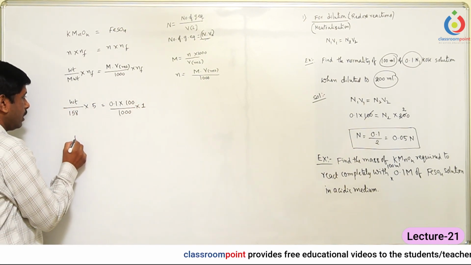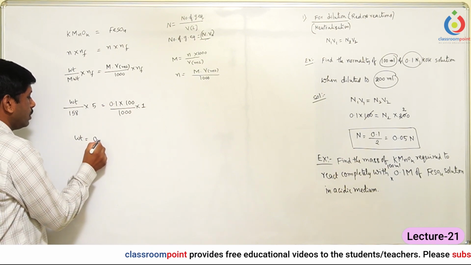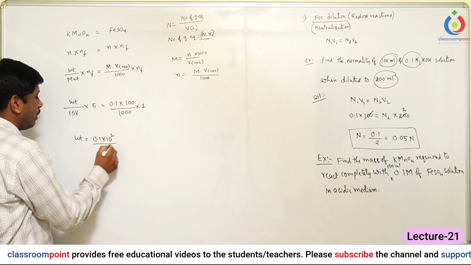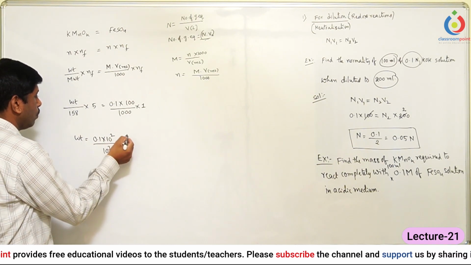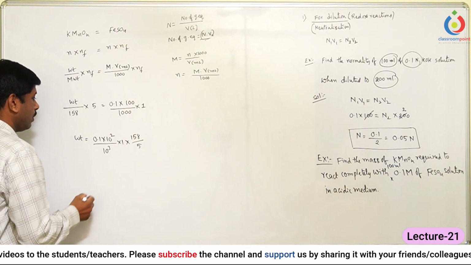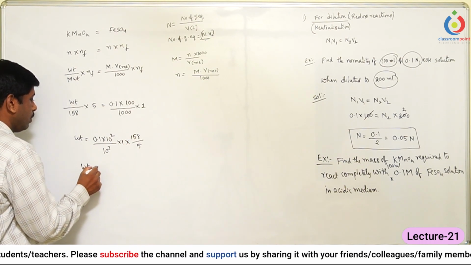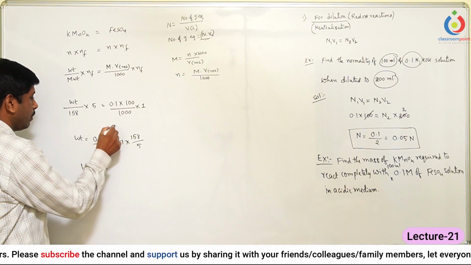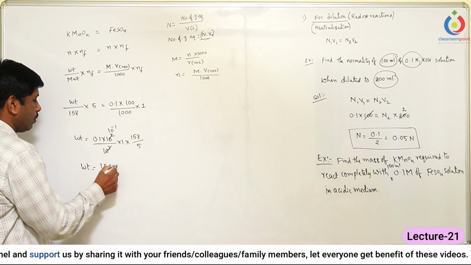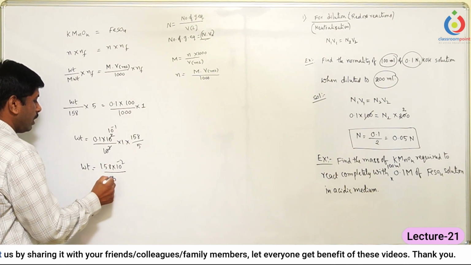Then we need the weight here. Weight equals 0.1 into 10 power 2 divided by 10 power 3, into 1, into 158 divided by 5. This cancels to 10 power minus 1, so 158 into 10 power minus 2 divided by 5.